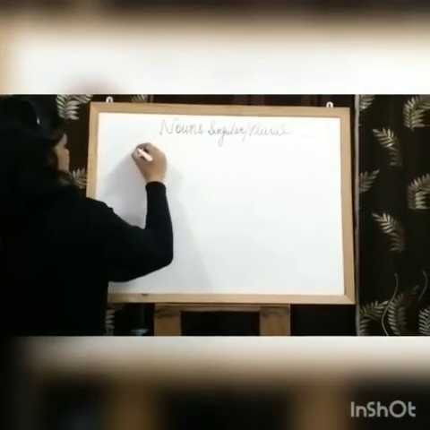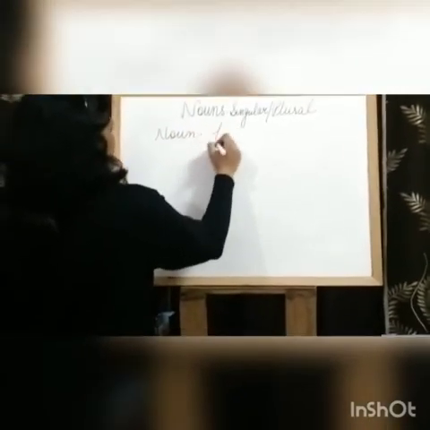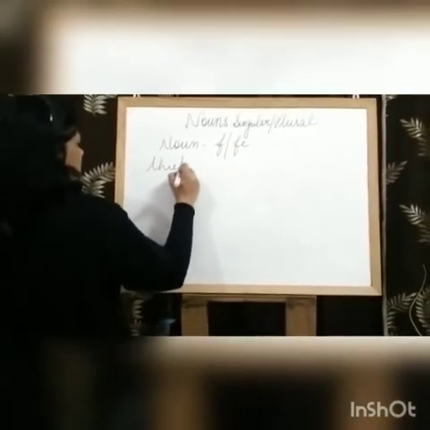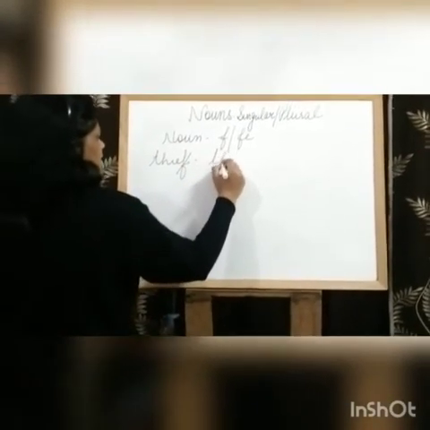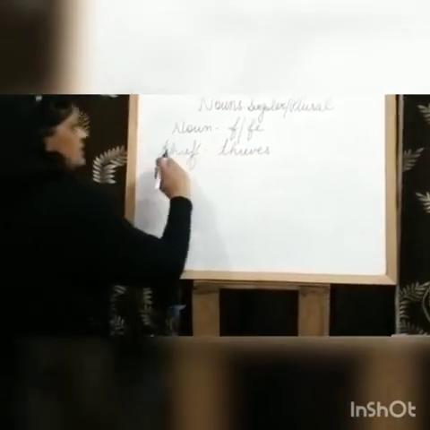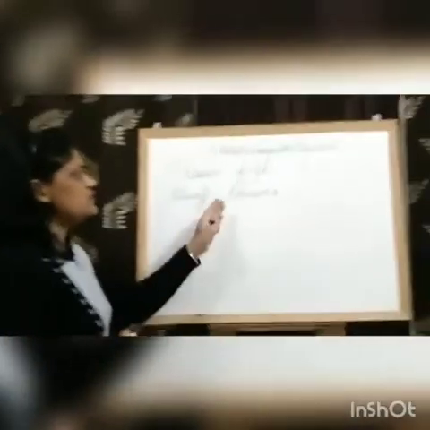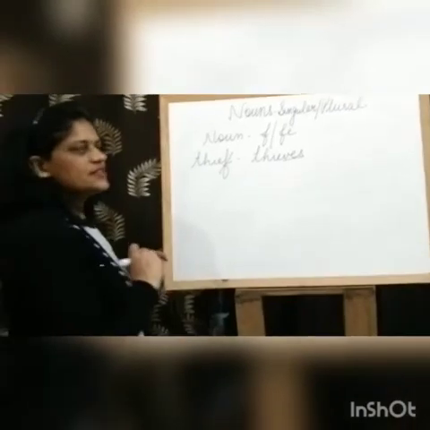Now the next is nouns where the last letter is F or FE, like thief. Here, F is deleted and we will use VES in the plural, and we will delete F and use VES at the end. Thief, thieves.